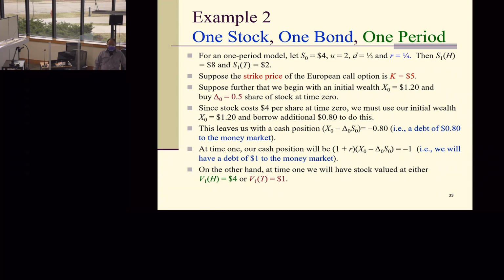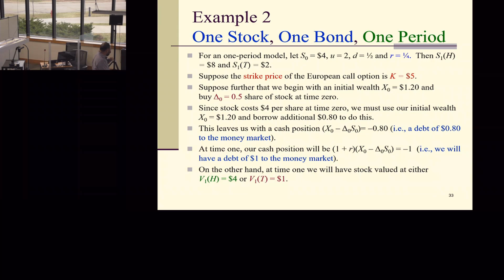I owe the bank 80 cents. After a period with 1/4 interest, I end up owing the bank $1, a full dollar. I'm using this number just for easy calculation to illustrate the concept. So if I borrow 80 cents, after a period I owe the bank $1.